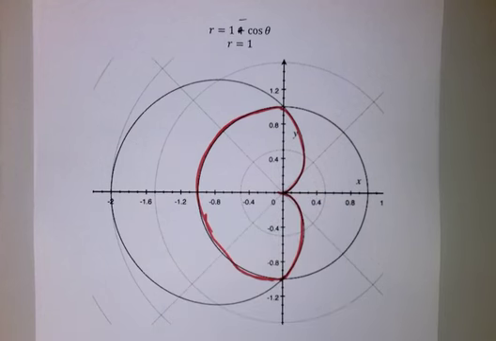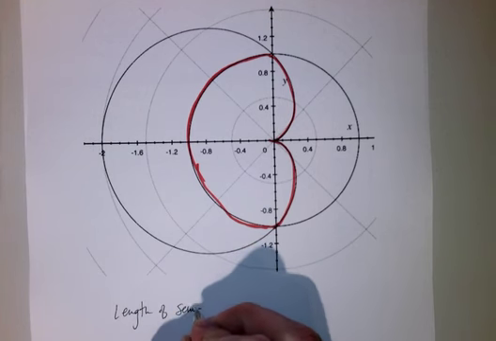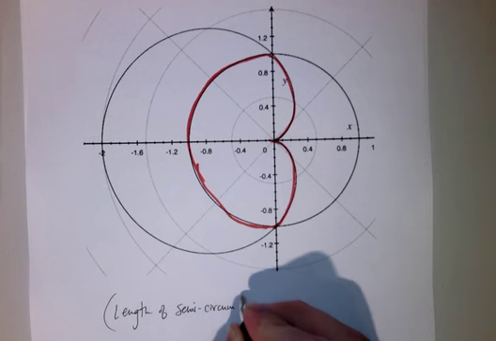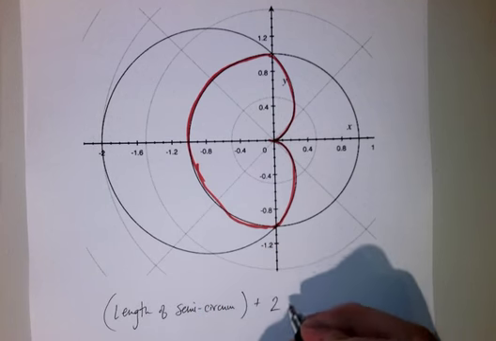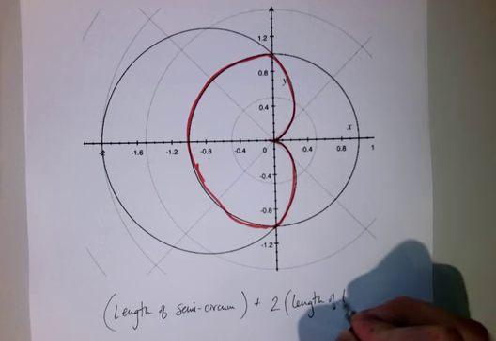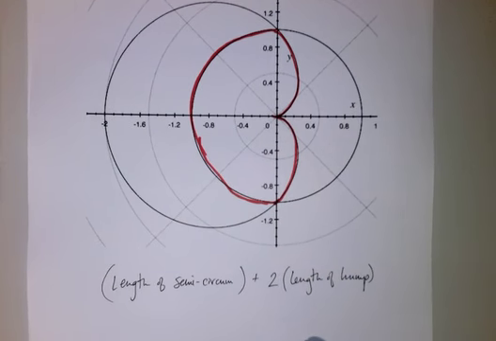What we need is the length of the semicircumference, and then we need to add it to 2 times the length of the hump, that really technical term that we used the last time.